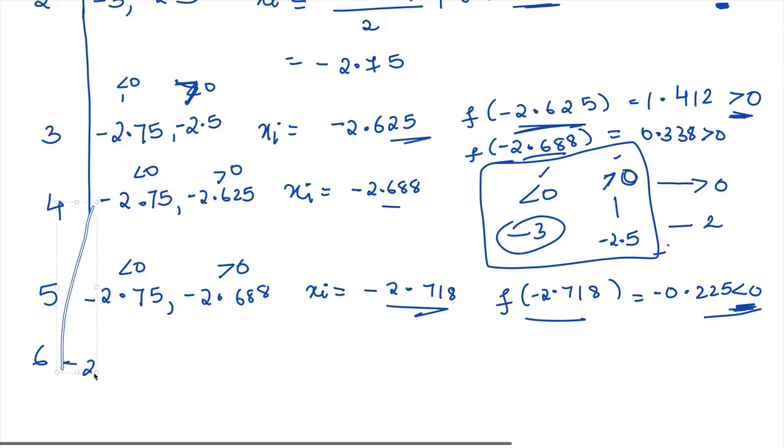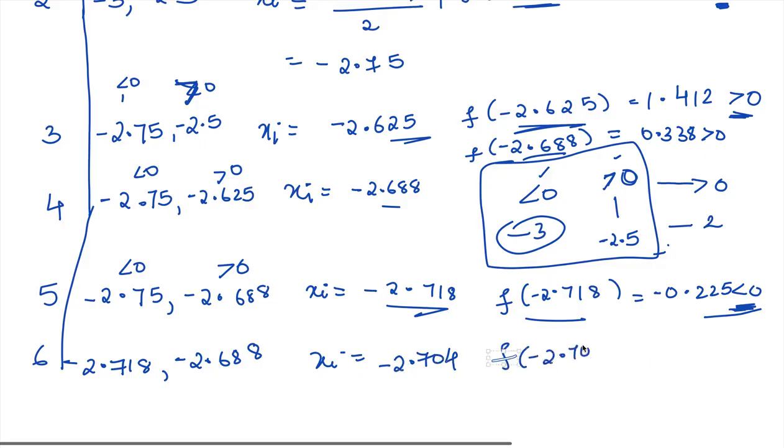So the interval is minus 2.718, minus 2.688. Now xi is minus 2.704. F of minus 2.704 is equal to 0.054, which is again greater than 0.